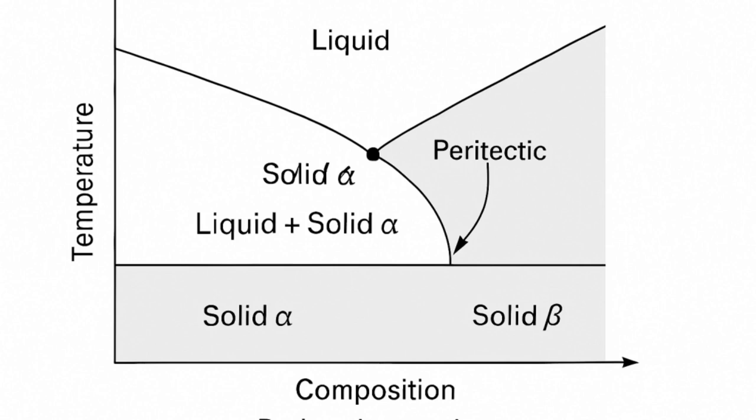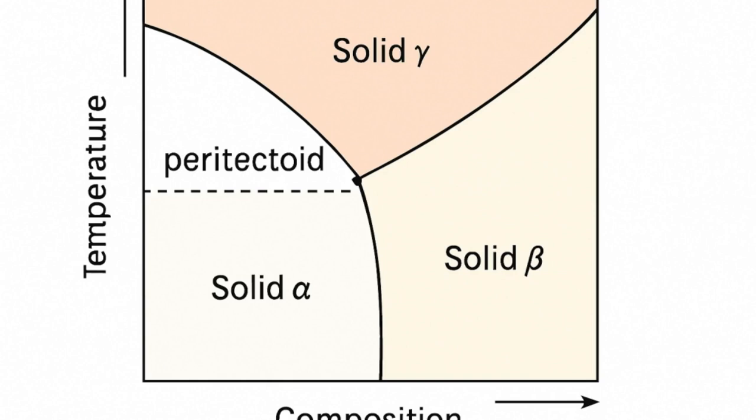Unlike eutectic reactions, where a liquid transforms into two solids, peritectic reactions involve the consumption of both a liquid and an existing solid to form a new solid. These reactions are often observed in alloy systems with significant differences in melting points between the components, such as in some copper-zinc alloys.